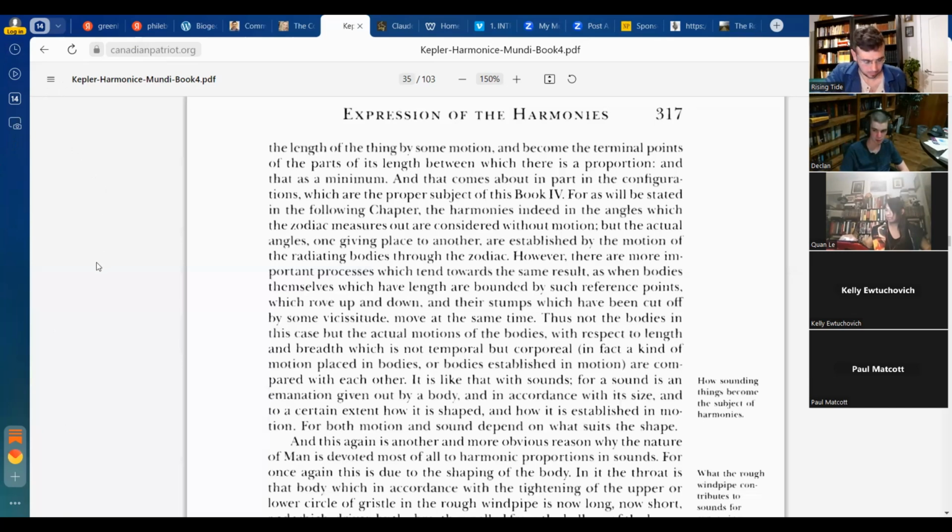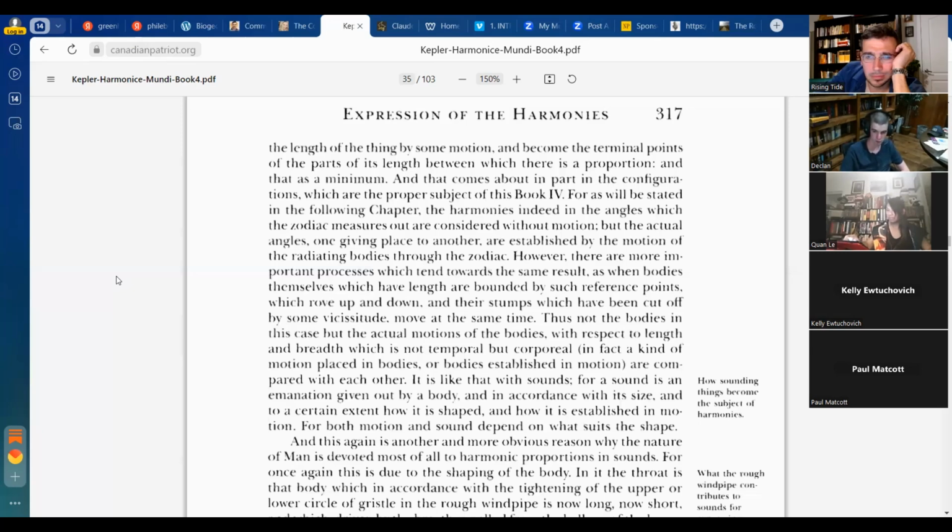Thus, not the bodies in this case, but the actual motions of the bodies with respect to length and breadth, which is not temporal but corporeal, in fact, a kind of motion placed in the bodies, or bodies established in motion, are compared with each other. It is like that with sounds, for a sound is an emanation given out of a body, and in accordance with its size, and to a certain extent how it is shaped and how it is established in motion.